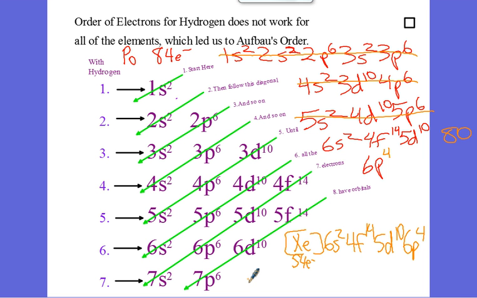You get to jump to 6s2. And what you're basically saying is polonium looks a lot like xenon on the inside, but the outside's different. And here's what the outside looks like.